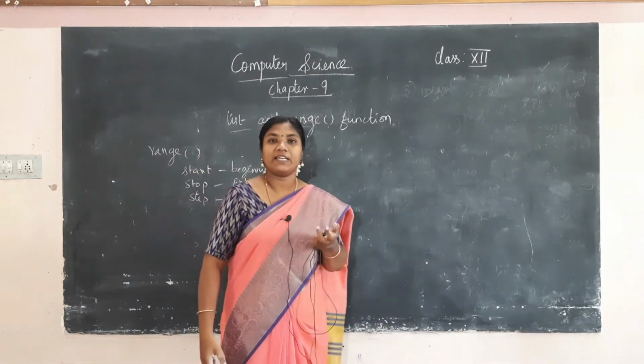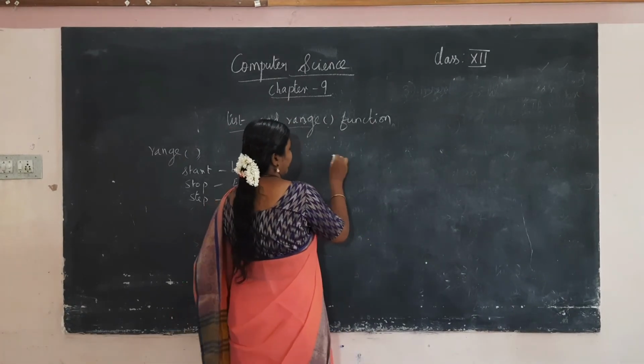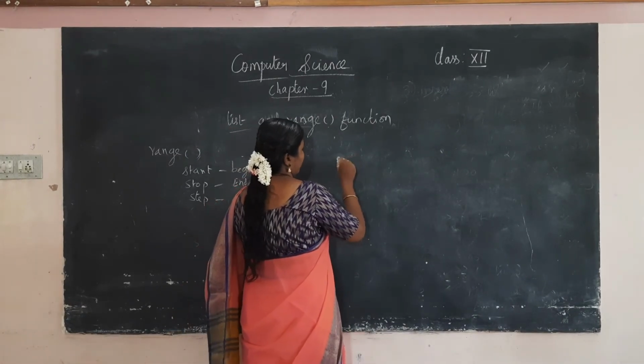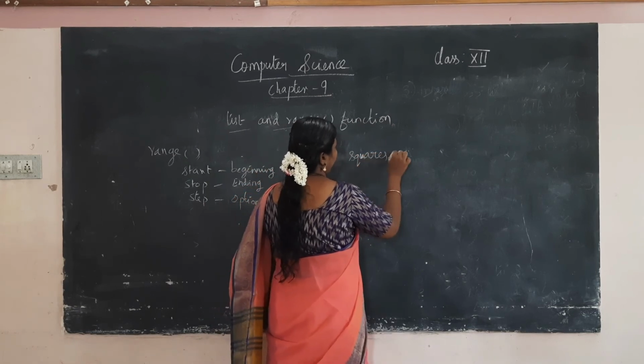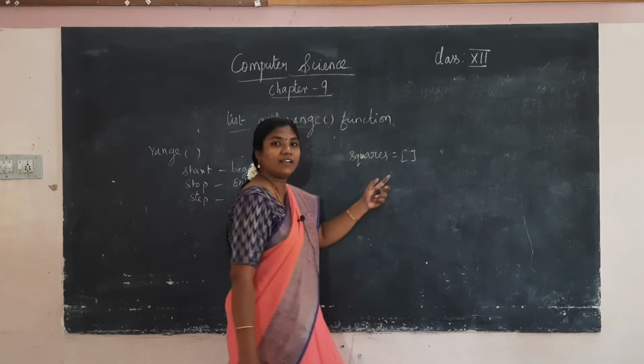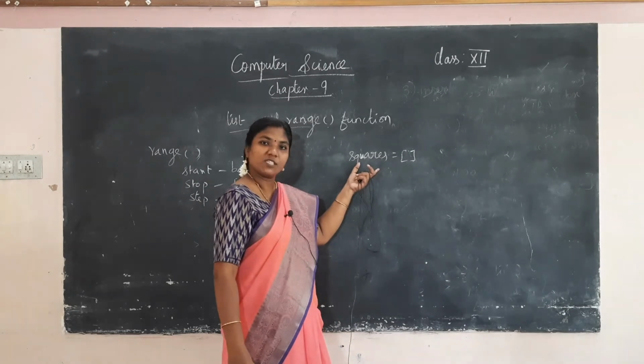Suppose I want to print the squares of a particular number, then I can give it like this. Let me have squares equal to an empty list. I have created an empty list with the name squares.